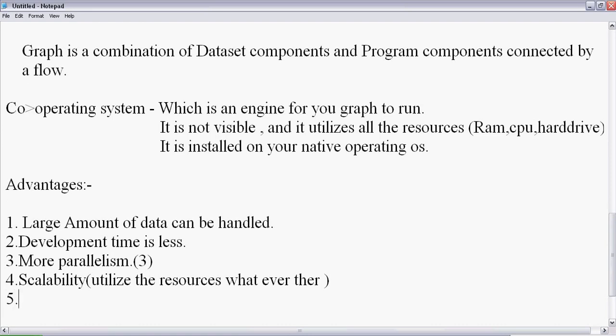It provides another advantage. The main advantage is version control. Version control keeps your data as a backup. For example, you are creating a file f1.